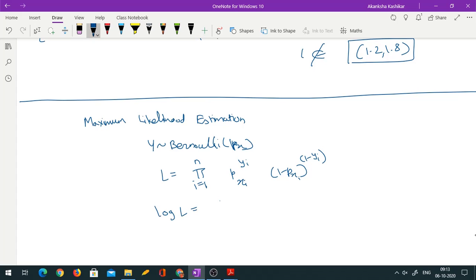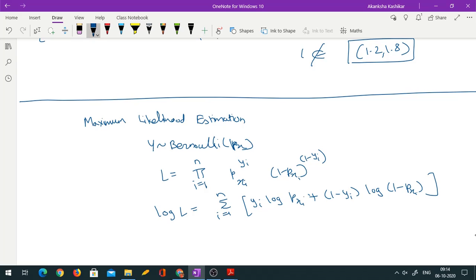So the log likelihood will become the sum over i going from 1 to n of yi log p(xi) plus 1 minus yi log of 1 minus p(xi). You can then substitute the value of p(xi) and differentiate with respect to beta naught, beta 1.